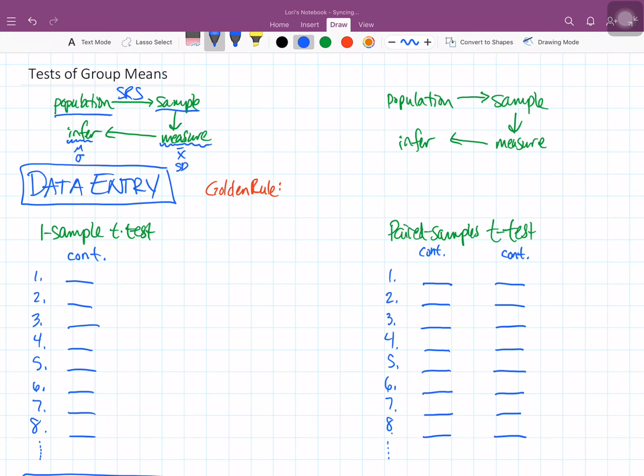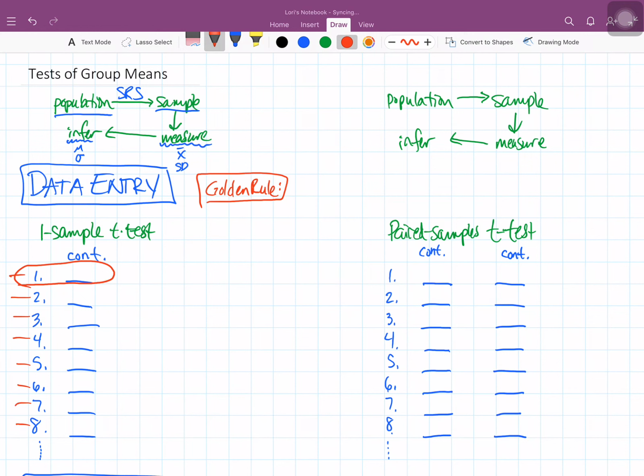For a one sample t-test, the golden rule of data entry, which I have to review just to make sure everybody remembers, is that each individual is included on a separate line. If you imagine this is a data set spreadsheet such as Excel or SPSS, then each of these rows represents a different person, and that's going to be really important when we start looking at all different kinds of statistical tests.